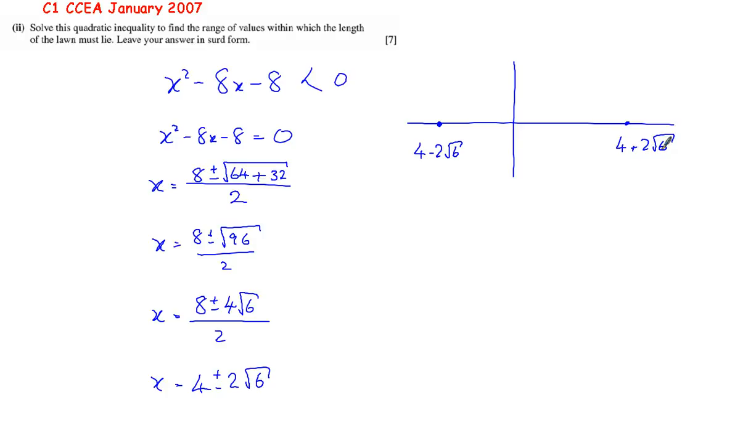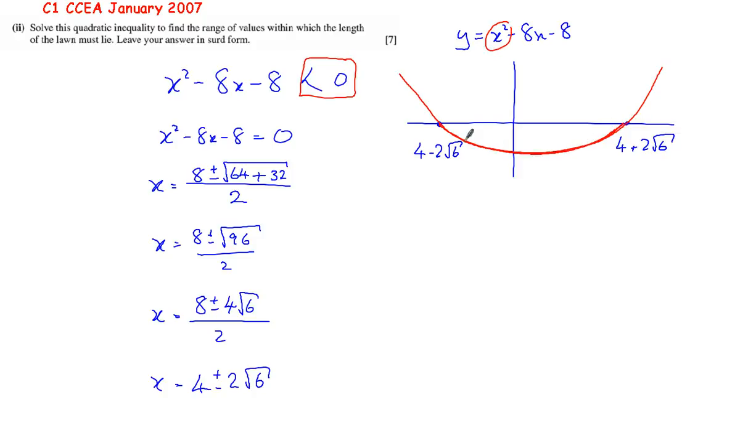I also know that if I plot that line y equals x squared minus 8x minus 8, it's a positive quadratic. There's a single x squared and it's a positive number. That means it's a happy face. And so the curve looks something like that. Now we want to know, when is that curve less than 0? When is it below the x-axis?